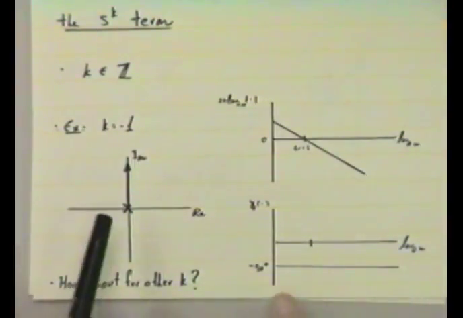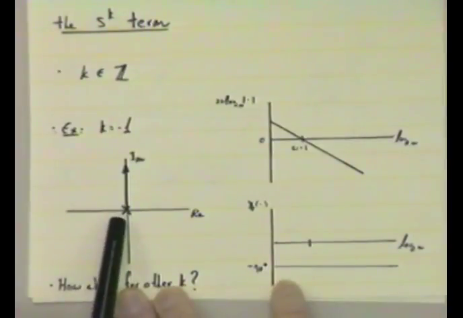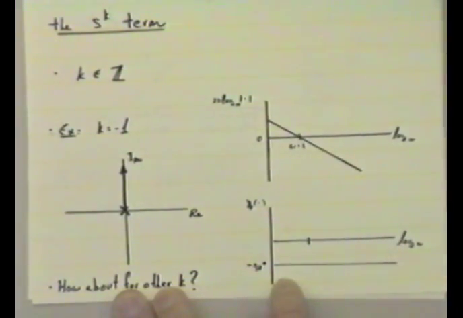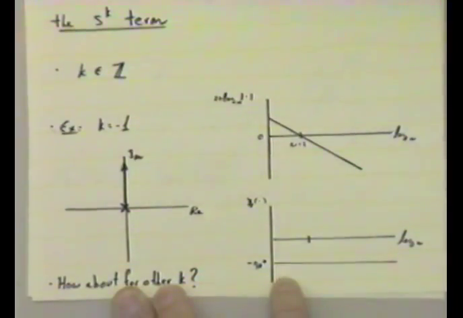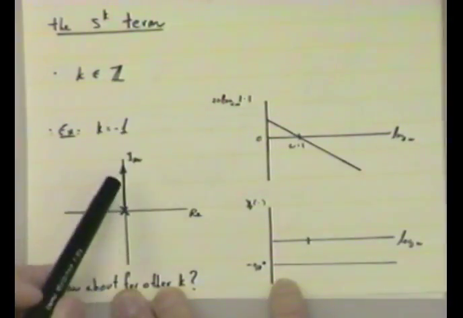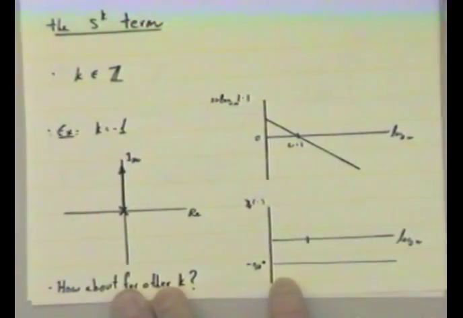That corresponds to a single pole at the origin. Now the name of the game is to find the magnitude and phase dependence as we evaluate H(j omega) for changing omega.